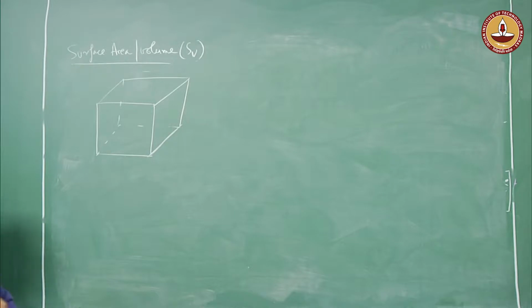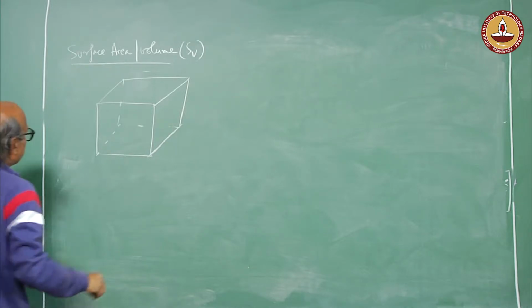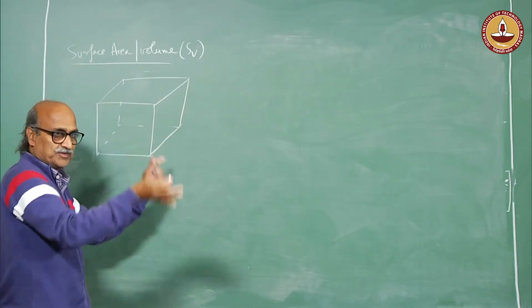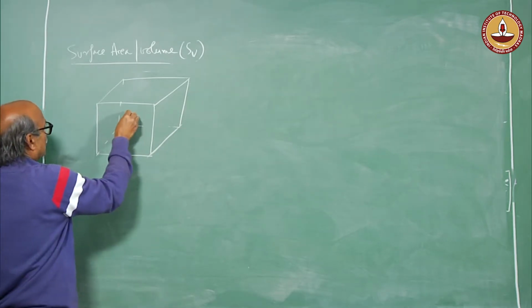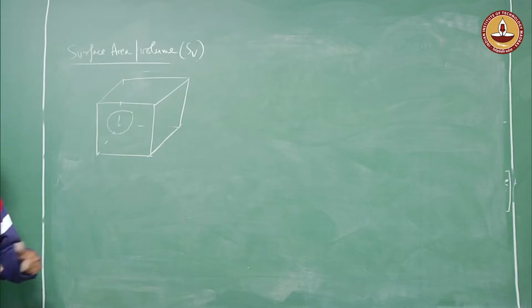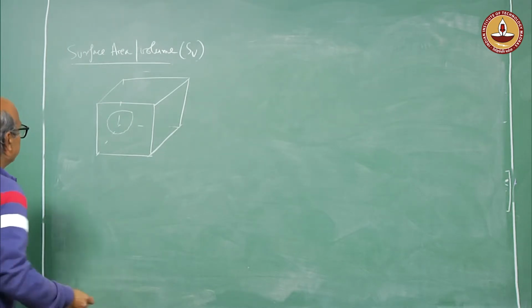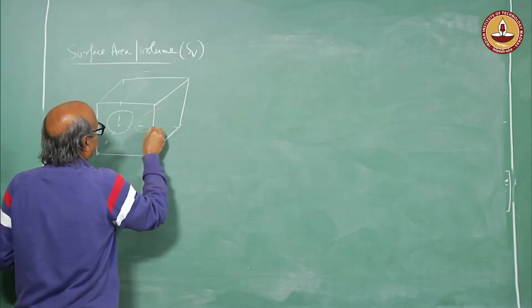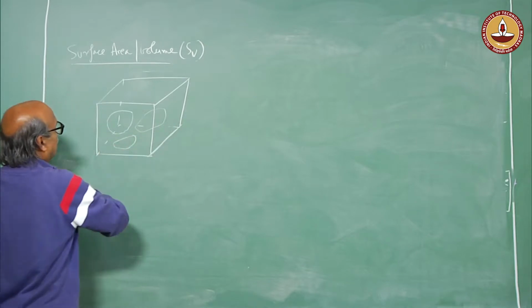The exercise in 3 dimensions: I now have surfaces. Surfaces can be in the form of particles, it can be in the form of grains, it does not matter. These are all my surfaces.